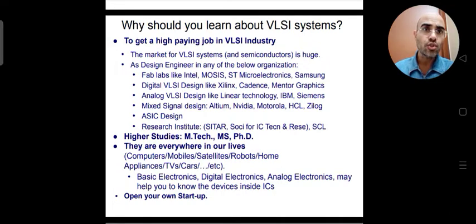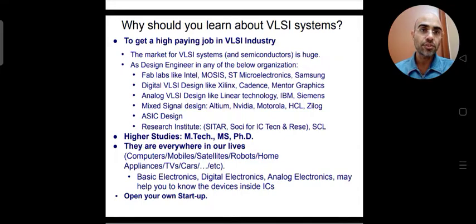Along with this, you will also have the fabrication laboratories. The three domains I talked about, digital VLSI design, analog VLSI design, and mixed signal VLSI design, are a classification from the design perspective. People get jobs as design engineers in these domains.